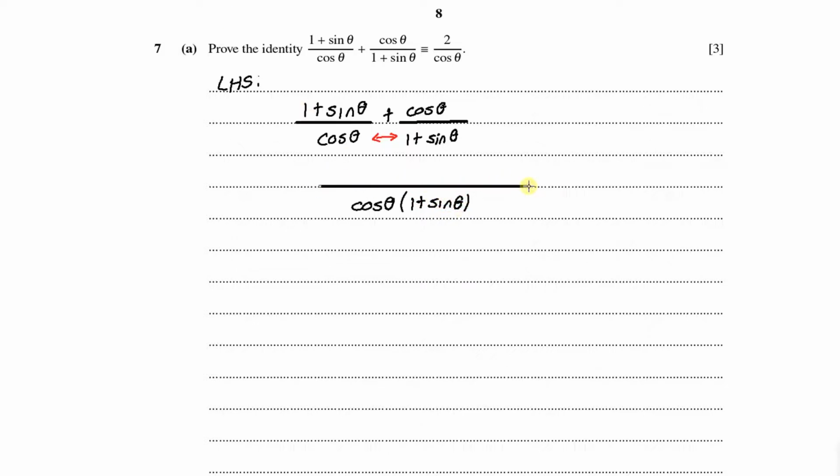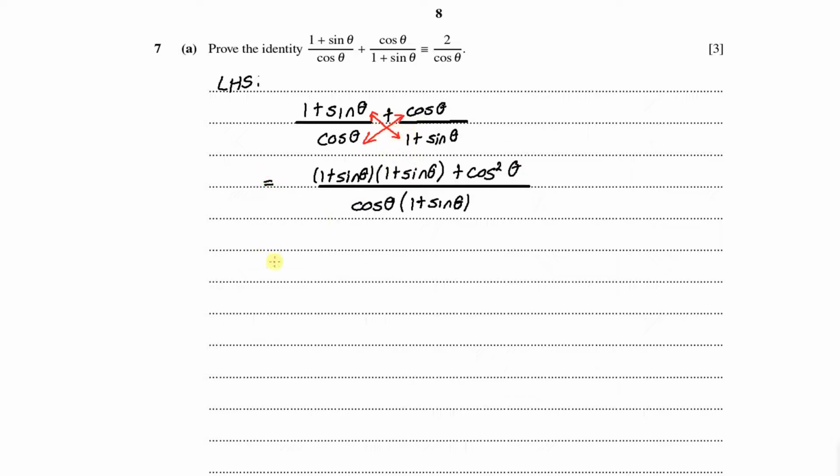That's the denominator. Then I'll multiply this one, so that's 1 plus sine theta multiplying 1 plus sine theta. And again, I'll multiply this one, so that gives me plus cos squared theta. So this is what we now have from combining the two.